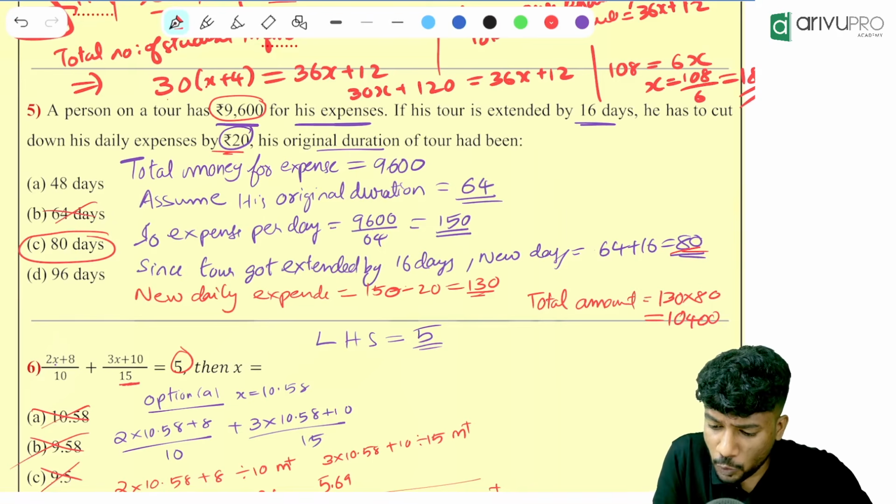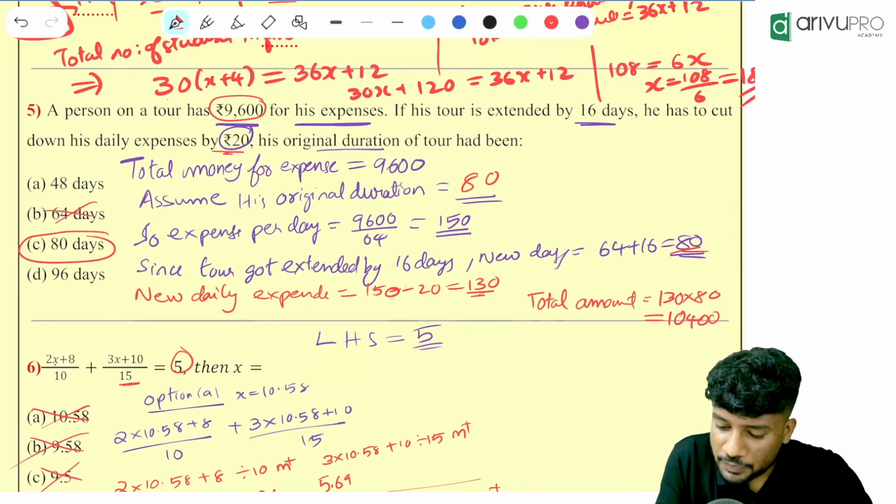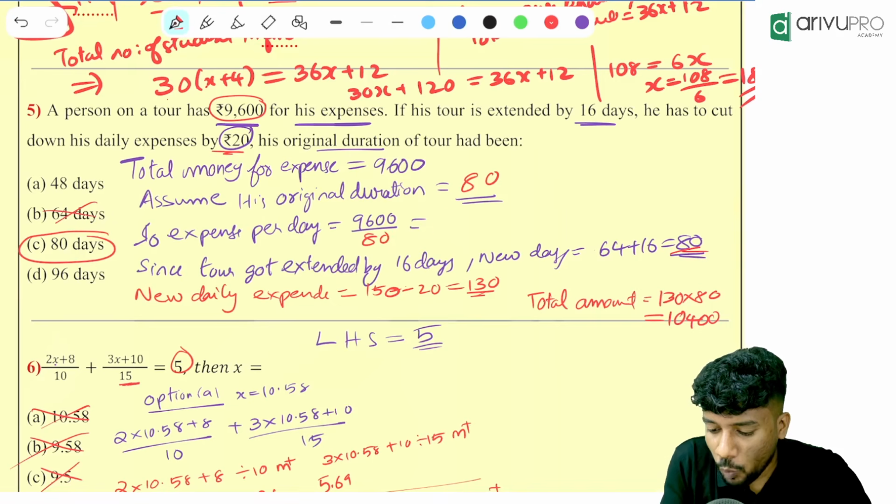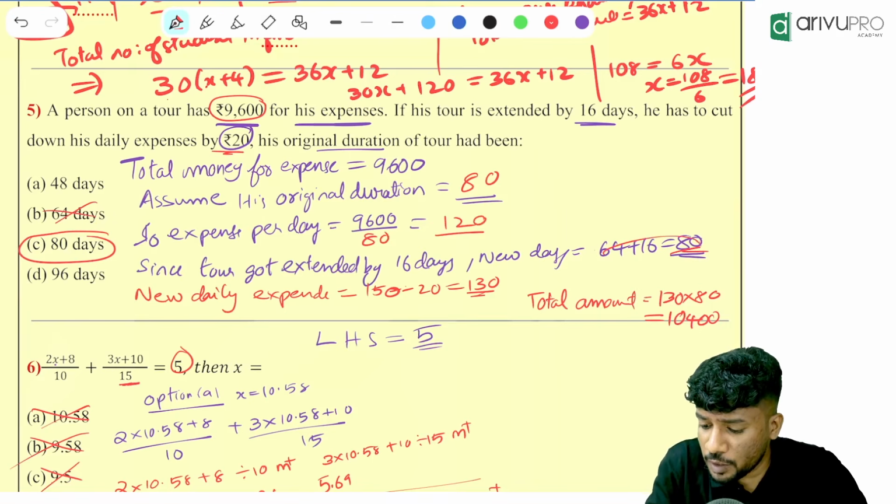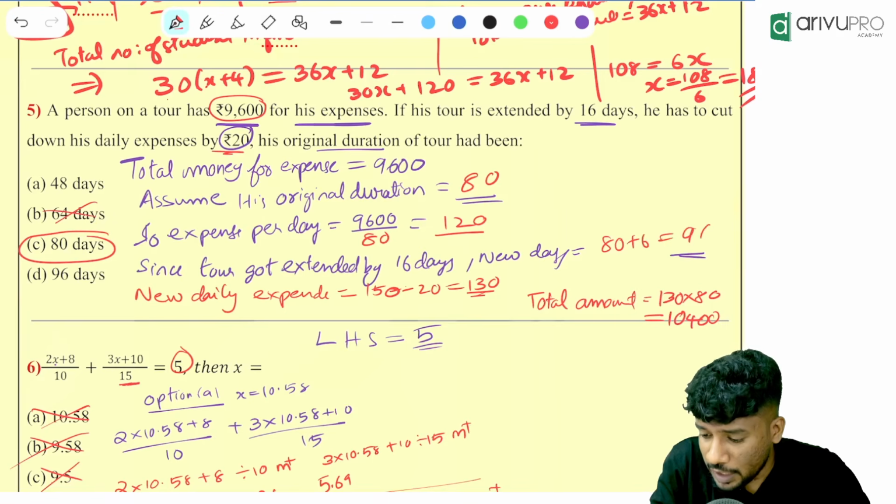That means his original duration is 80. Then you tell me 9,600 divided by 80 is how much? 120. Now, since it got extended by 16 days, the new number of days is 80 plus 16, which is equal to 96.